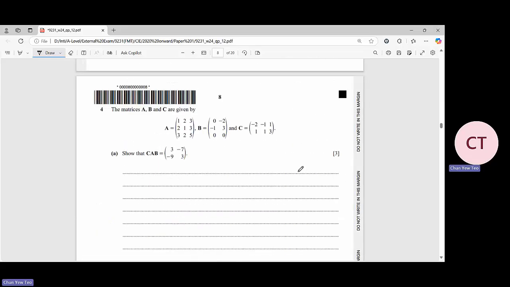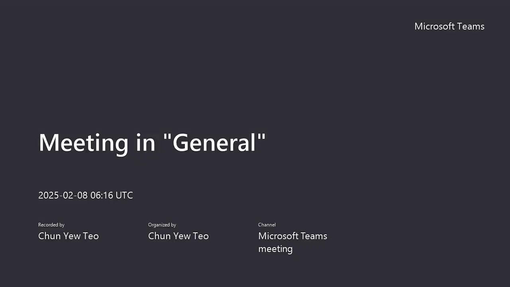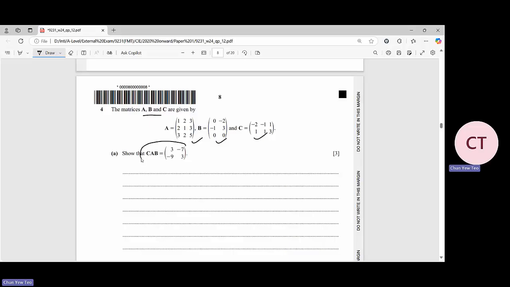And now we move on to question number 4. Given as following here, they want you to show that the product CAB is equal to the matrix given here. So what you need to do, just very straightforward questions.